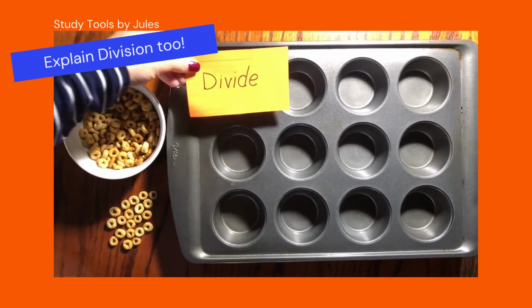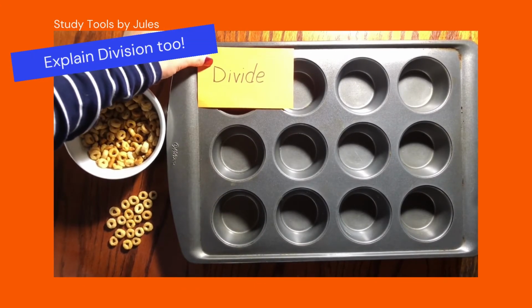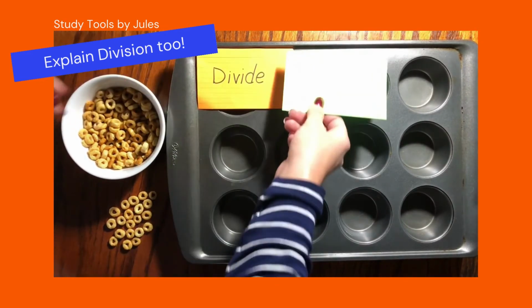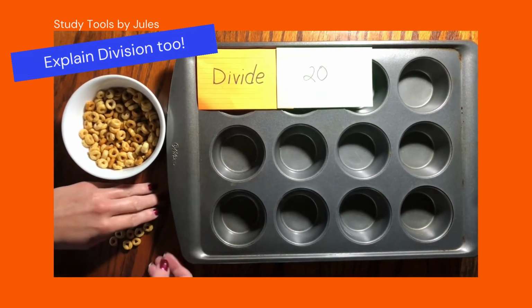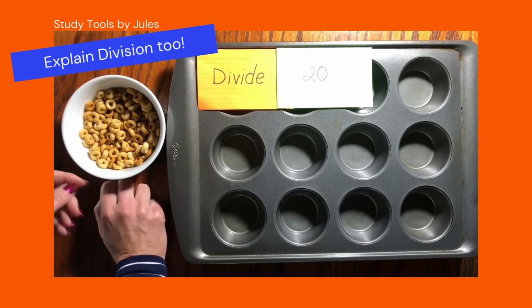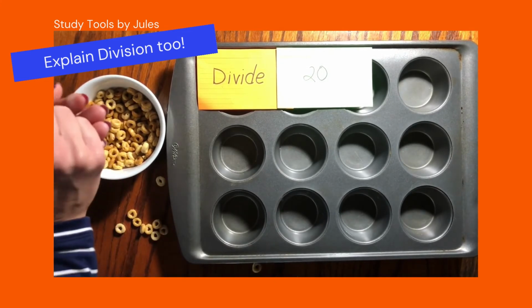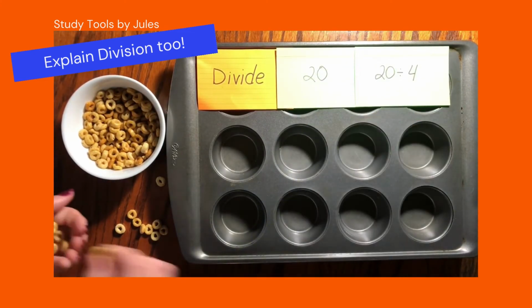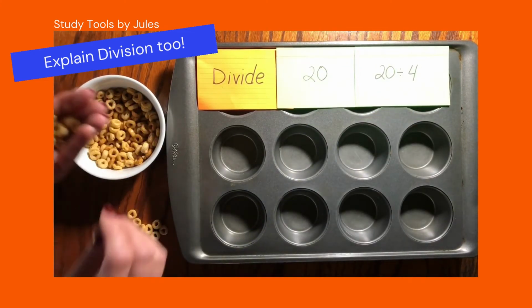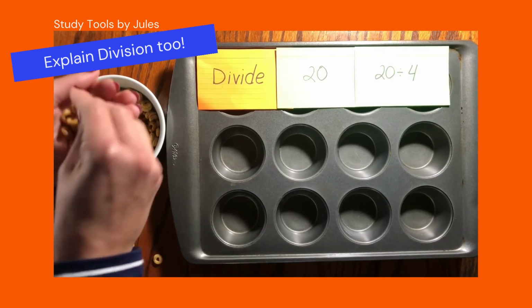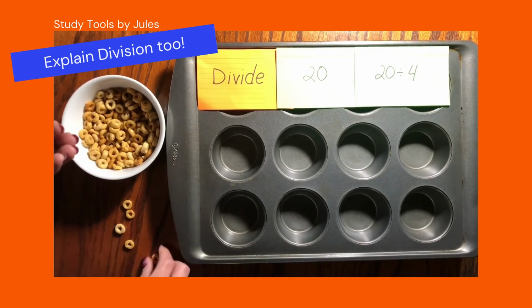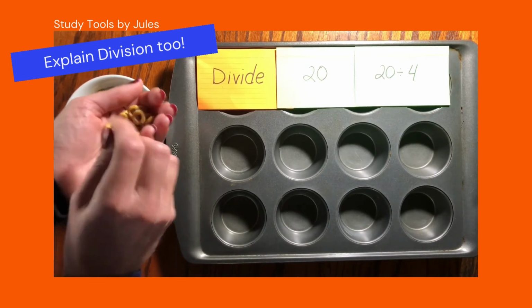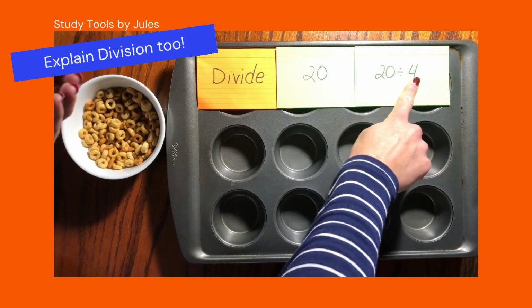We are going to show how to use this method to explain how to divide. So we're going to start with the number 20, and I've already counted out 20 pieces of snack food. And my division problem is 20 divided by 4. So I have 20 pieces of snack food that I am gathering in my hands, and I want to divide these 20 pieces into 4 groups.